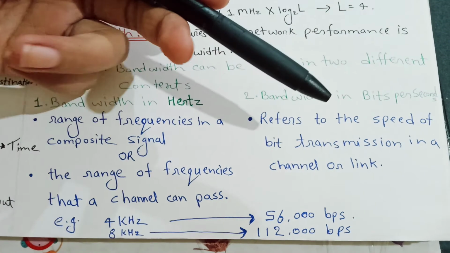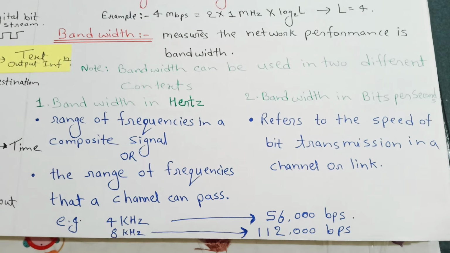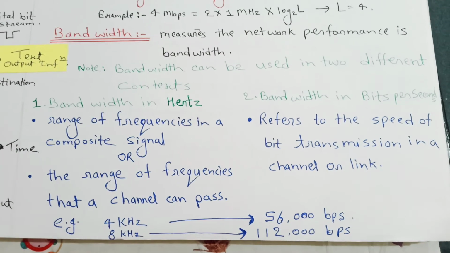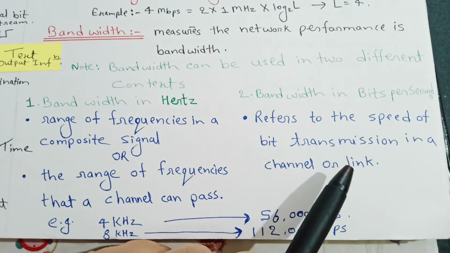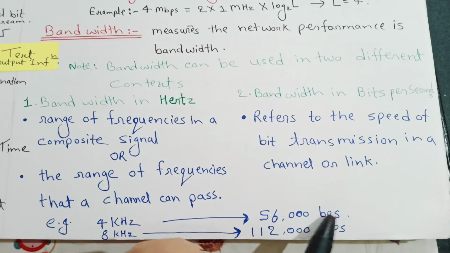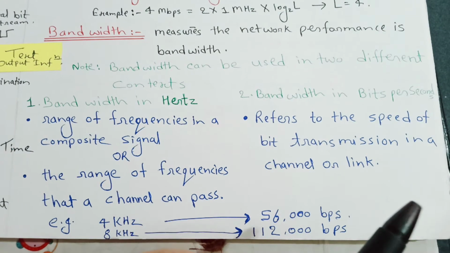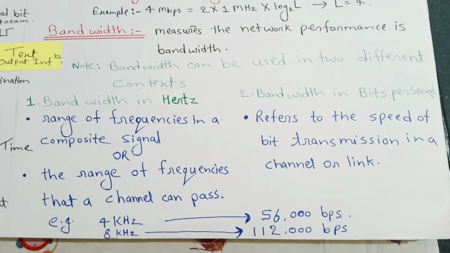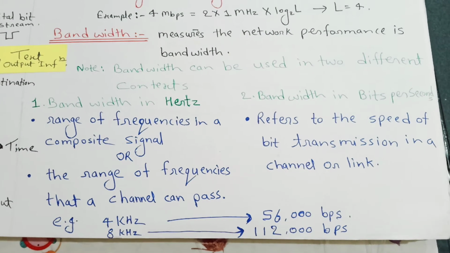Bandwidth in bits per second refers to the speed of bit transmission in a channel or link. Here we are using the unit second; it may differ, such as Mbps, Gbps, and according to the situation we change the unit.